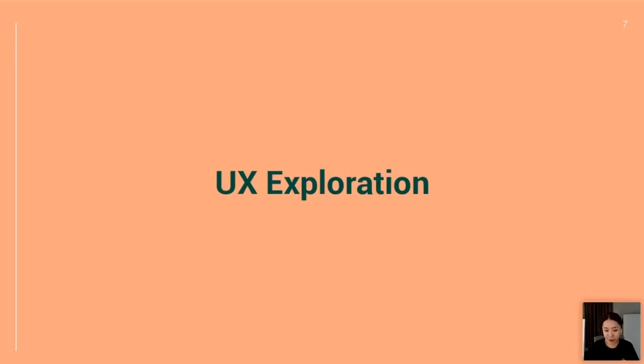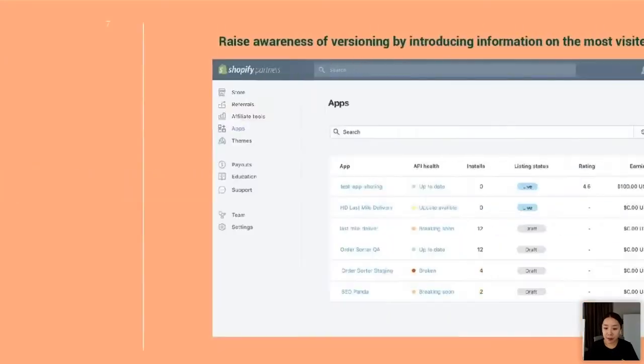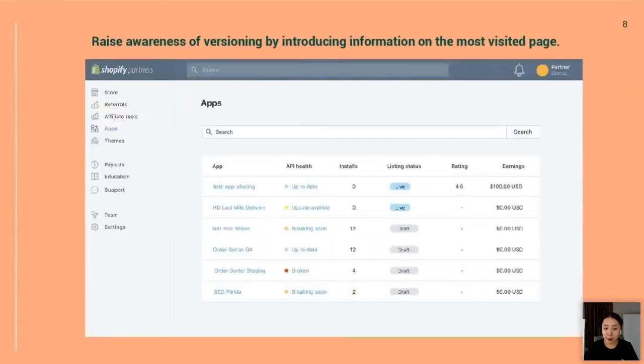Now let's focus on the user experience. To raise awareness of API versioning, we decided to surface versioning information on the most visited page, the app index page. If we take a look at the page, on the second column, we introduce this new column called API Health, and that communicates how up to date an app is.